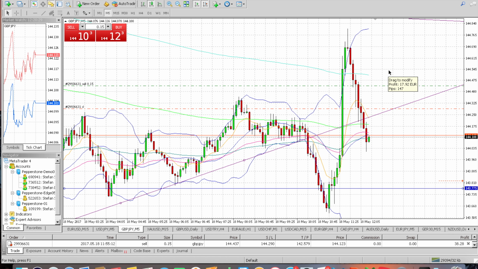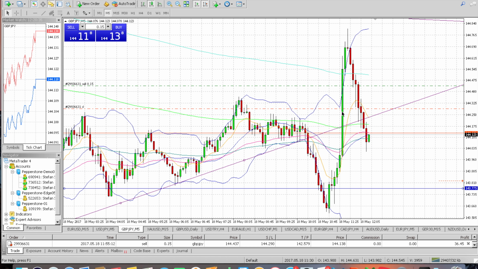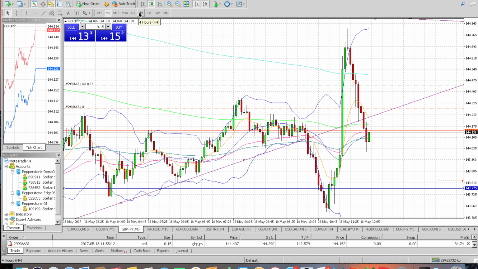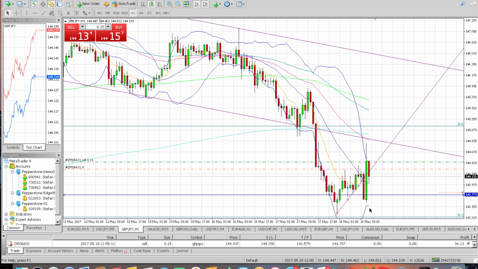Usually, after positive news for a currency, you would expect the currency to rise. This is exactly what happened when the news were released. But then the technical aspect of trading happened. So this was a very bullish candle, which happened due to the news.